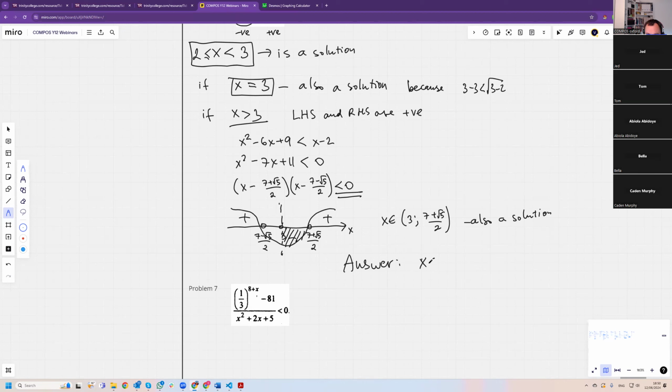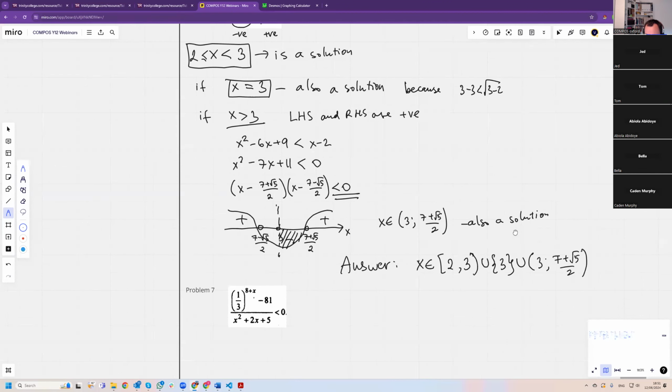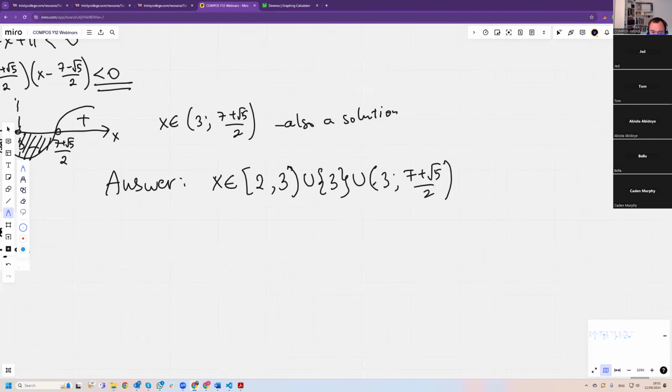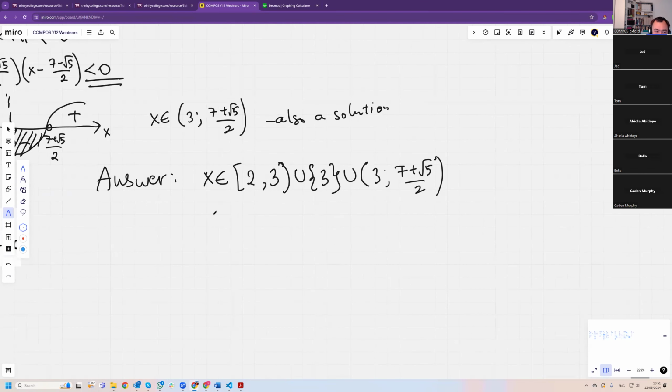The answer is x belongs to from 2 to 3, and from 3 to (7 plus square root of 5)/2. But if it's up to 3 and from 3, that means we can stick the intervals together: 2 to (7 plus root 5)/2, not including the endpoint. And that's the solution.